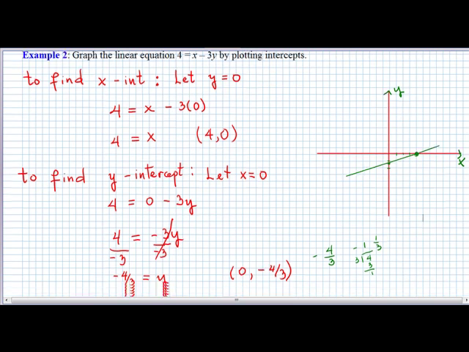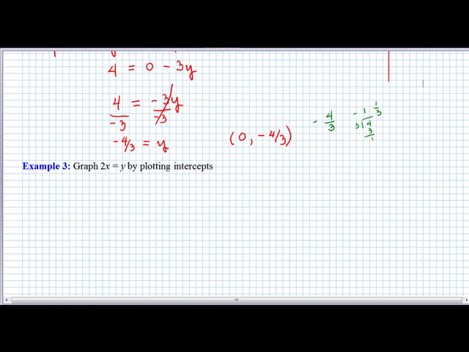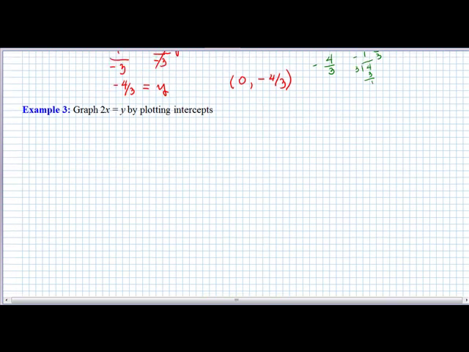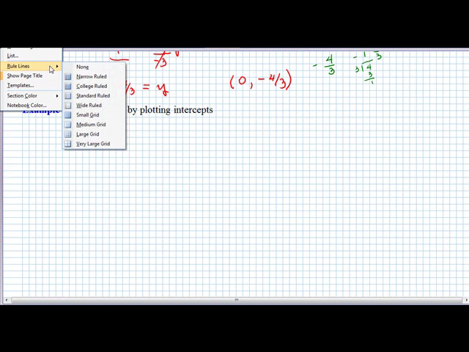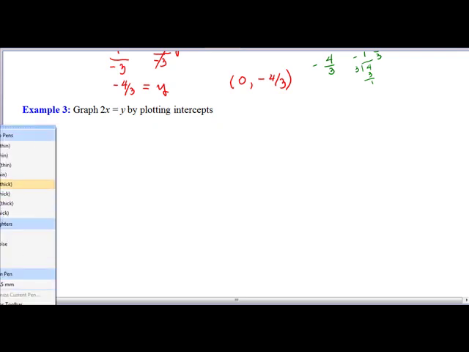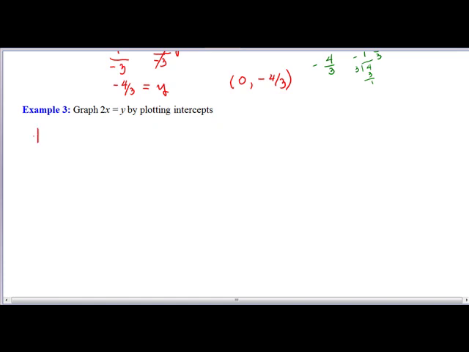Let's draw another example. So we want to graph this equation by using the x and y intercept. I try red. So once again, let's try to find the x-intercept.